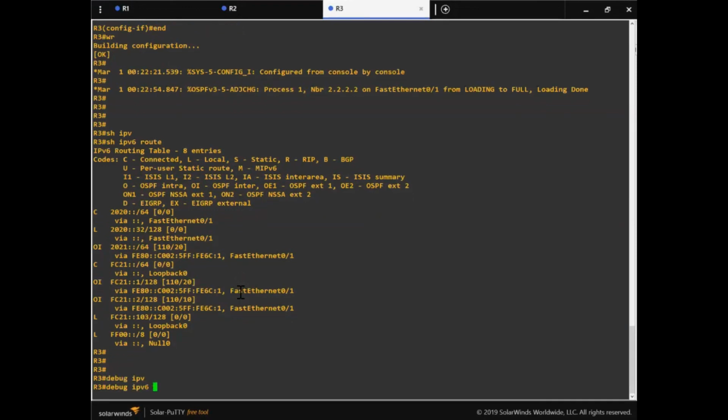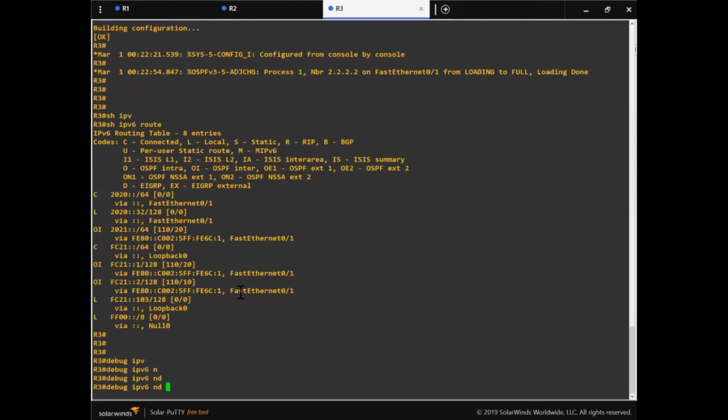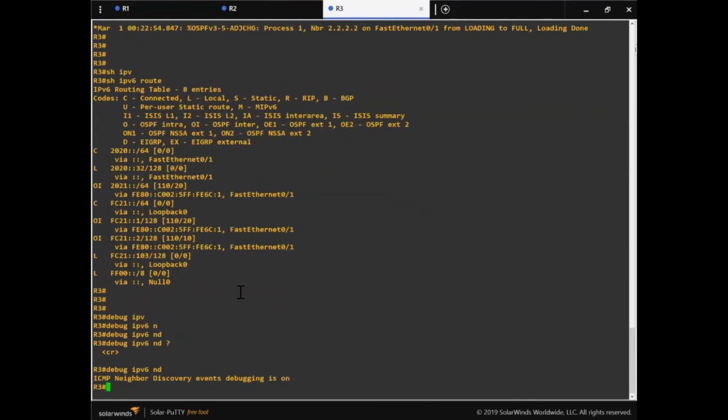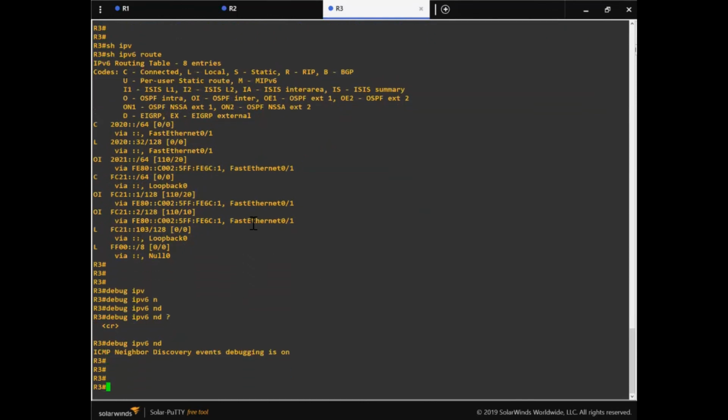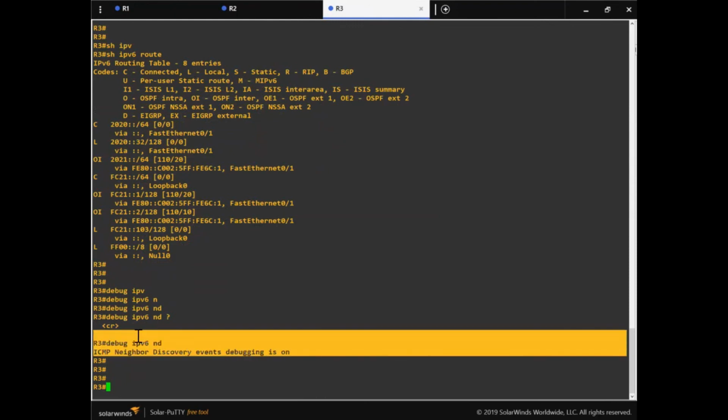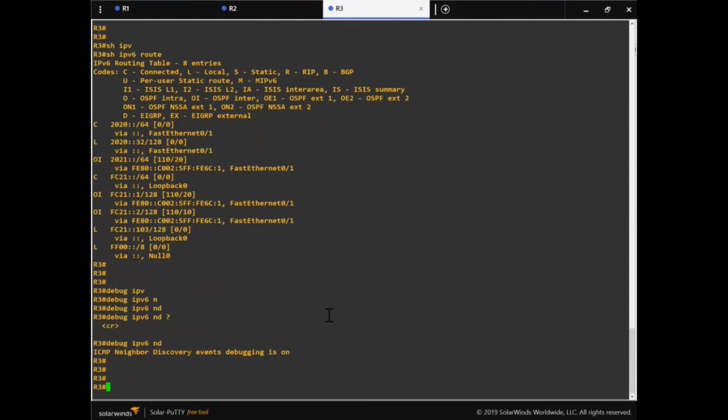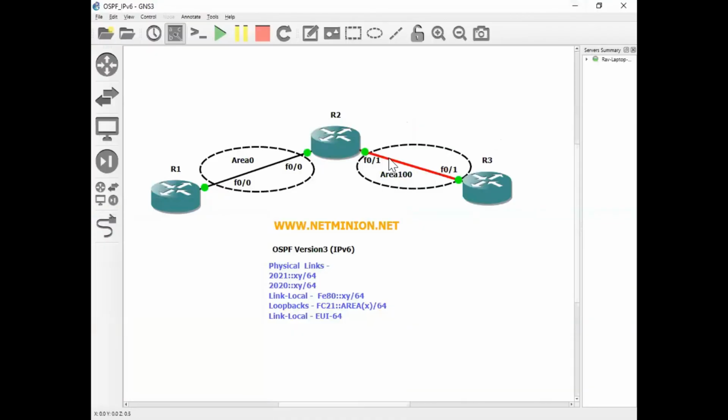If I do debug IPv6 and the neighbor discovery protocol, you would be able to see how it is sending the solicitation messages and acknowledgement messages. You can see more and more through the debug commands, and maybe through the captures also. Let us try to capture and see what it is sending.